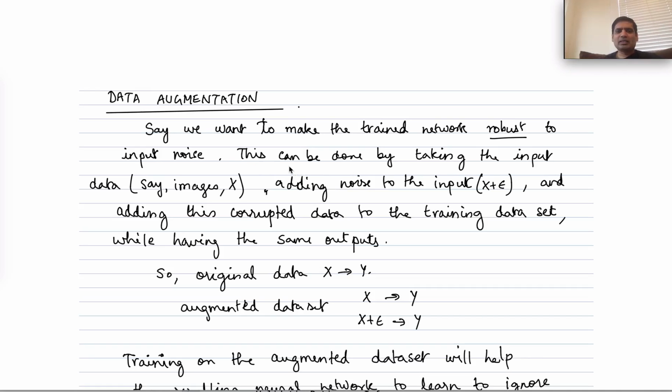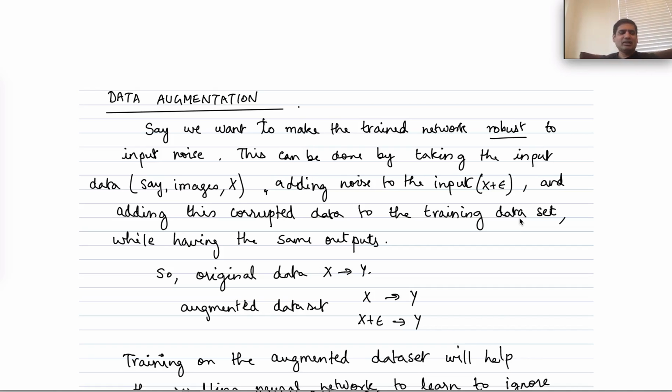It can be done by taking the input data, say images x, adding some noise to the input, namely getting some x plus epsilon, and then adding this corrupted data to the training data set while having the same outputs.